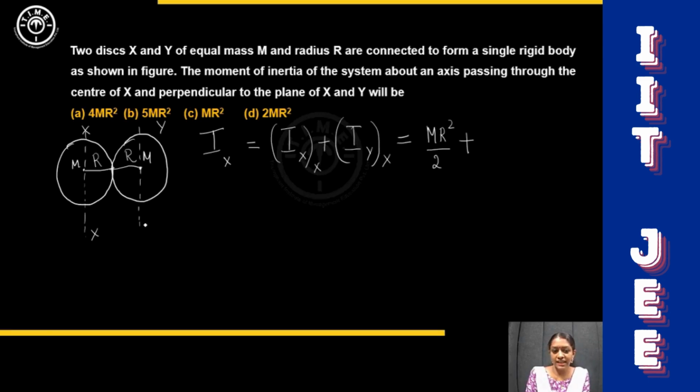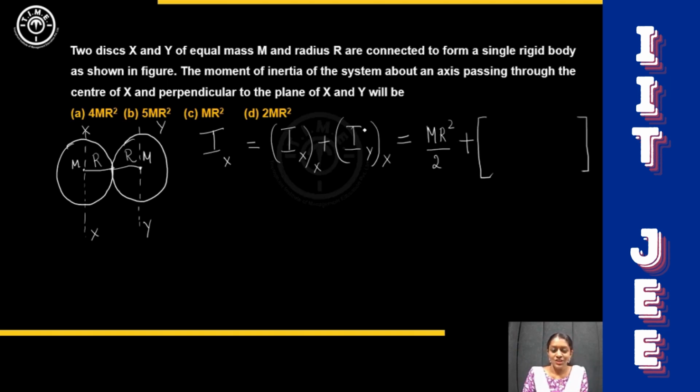If you consider an axis Y which is passing through the center of Y and perpendicular to the plane of Y, then definitely these two axes X and Y are parallel to each other because both are passing through the center of the respective disk and both are normal to the plane of the disk. So we can definitely apply parallel axis theorem to find the second term in this equation.